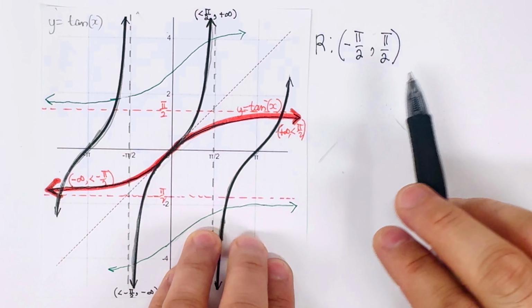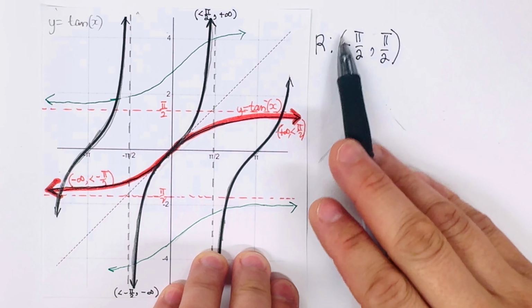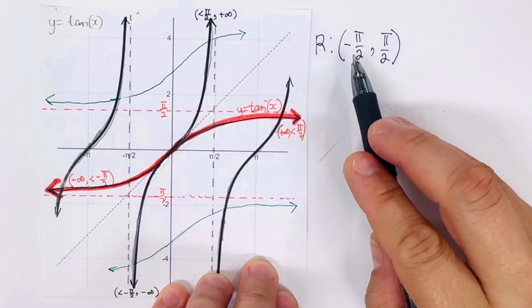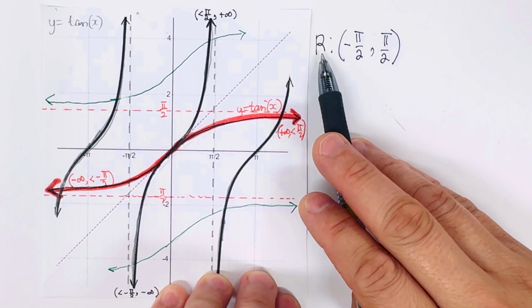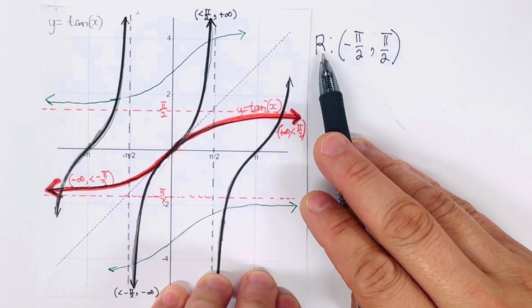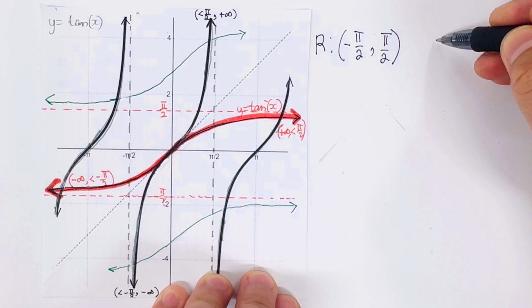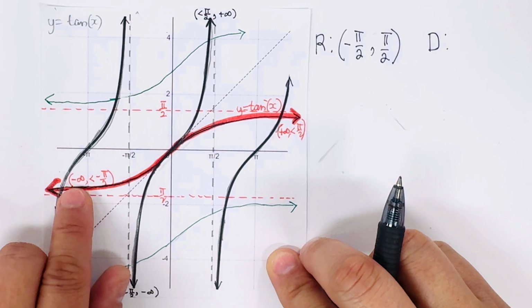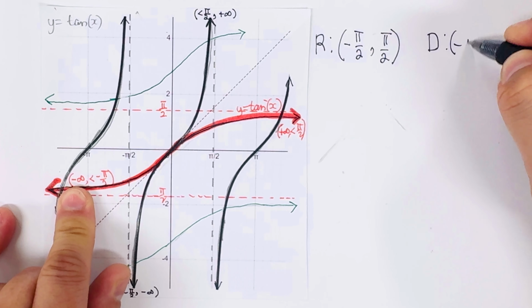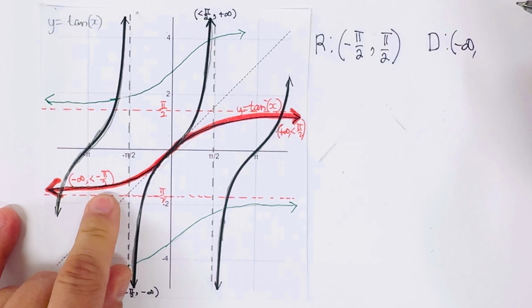Since this is asymptotic, this is not a bracket, but a parenthesis. So negative pi over 2 and pi over 2 are not included as the range for the inverse tangent of x. On the other hand, the domain for this graph would be the x values. So it's going to start from negative infinity all the way to positive infinity.